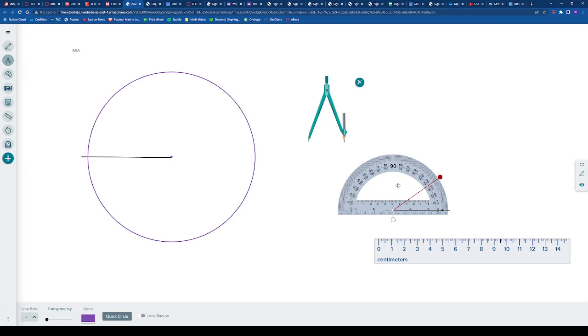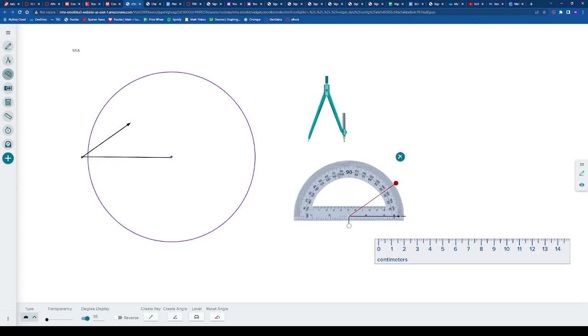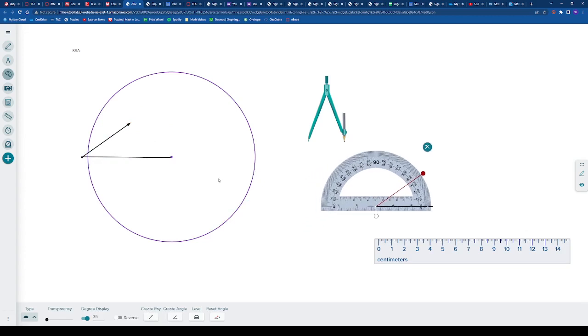So to do that, we'll use our protractor again, and let's make our angle, I don't know, we can just do 35 again, that's fine. We can be boring and create a ray at 35. So what we end up with is basically a couple of options for what our triangle could look like.